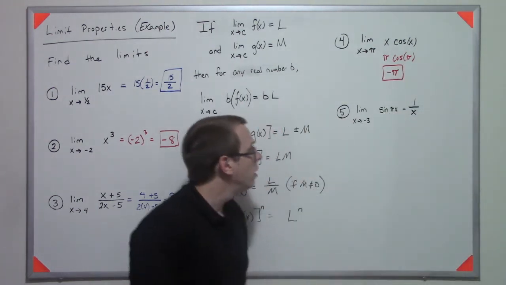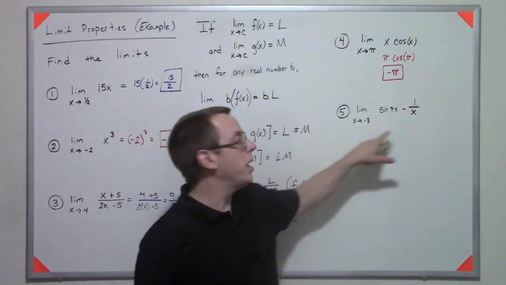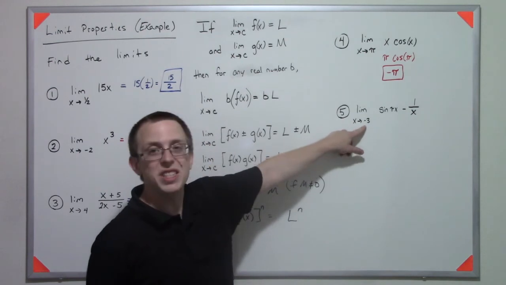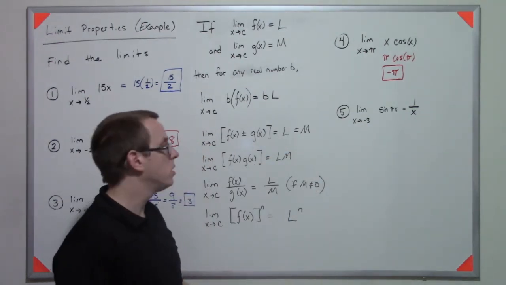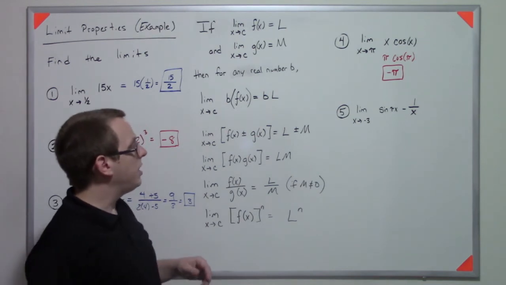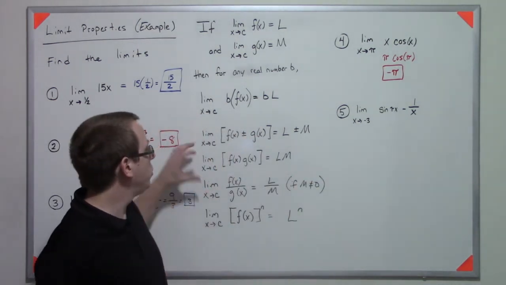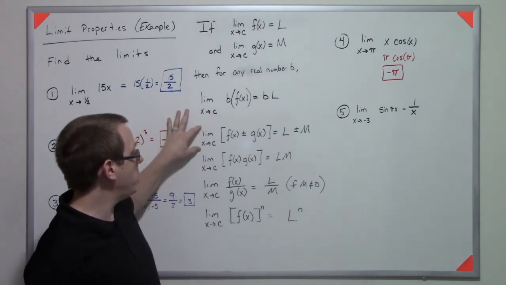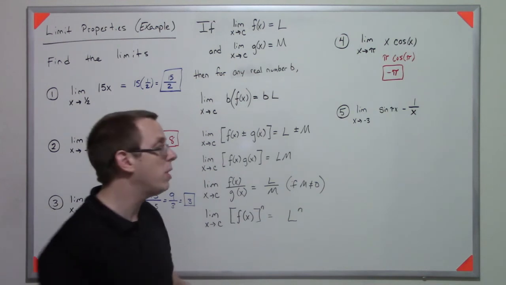And finally, I have sine pi x minus 1 over x, and the limit is as x approaches -3. So I have sine of pi x. So this is actually using a property we haven't quite got to yet. But it's really going to be using this property and technically that one. But again, we can try plugging in and we'll see what happens.